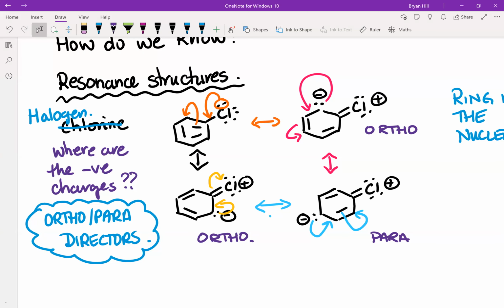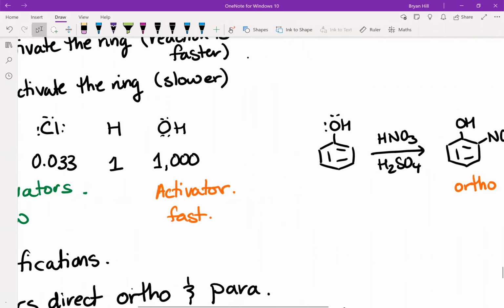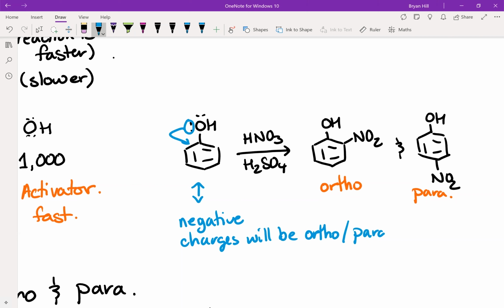And the same thing, you could draw a very similar resonance structure for our friend here. You could draw resonance structures for a hydroxyl group or whatever. It'll be exactly the same: negative charges will be ortho and para.